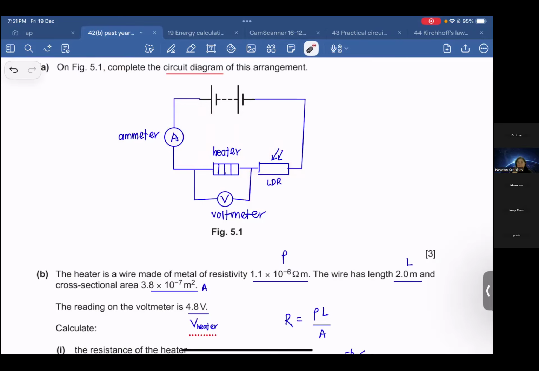That's all. But for us, the easier way is that the resistance here decreases. According to the potential divider, we understand that if the resistance decreases, the voltage shared by the heater will be less. That's all. Finish.